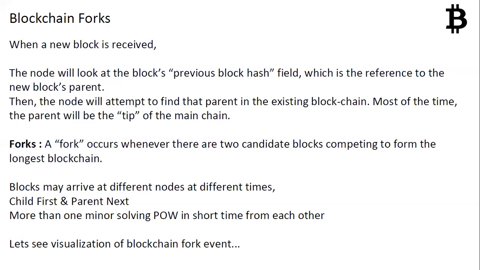At a time there are two nodes which solve the puzzle and there are two blocks trying to compete with each other. In that case, which block should be added and which block should be discarded? For that purpose, there is a mechanism, and let's discuss that.